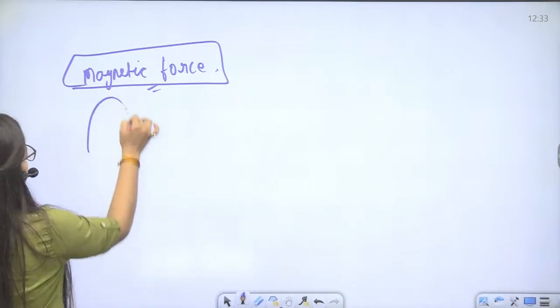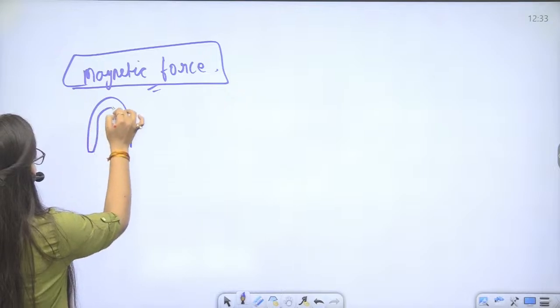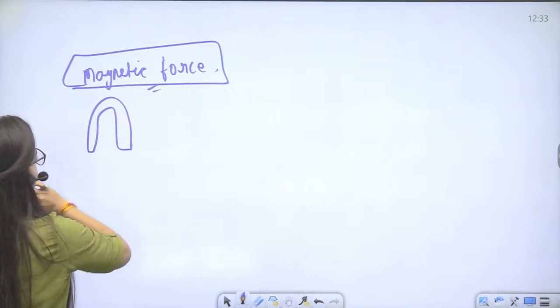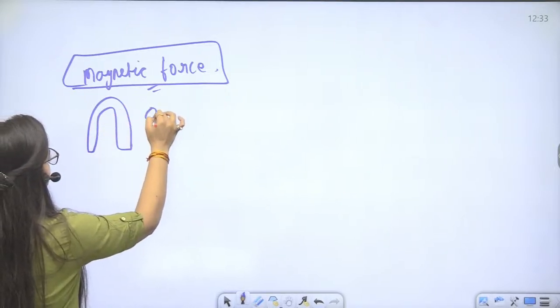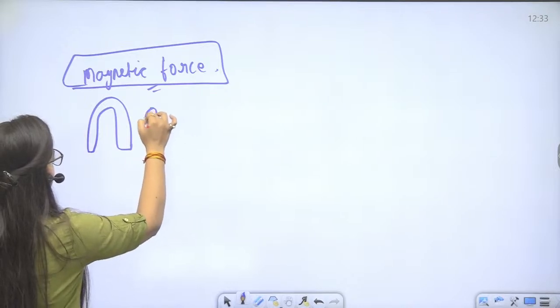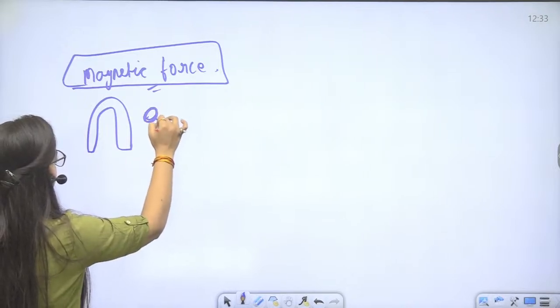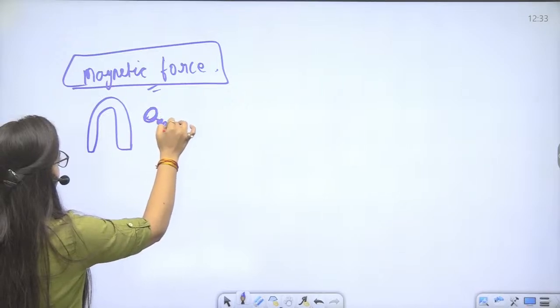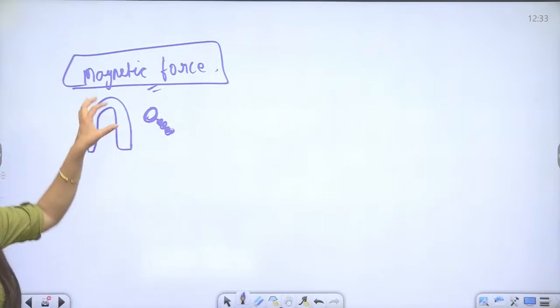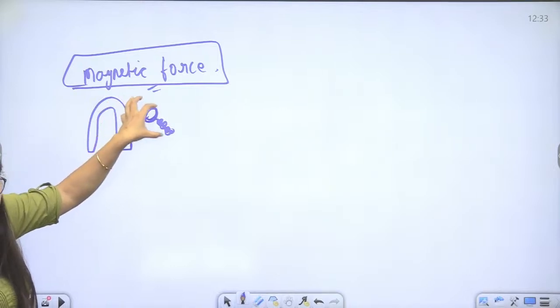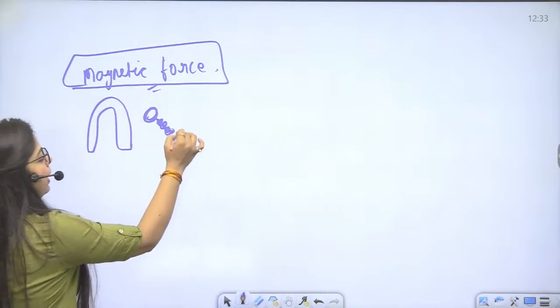See here, this is the magnet and this is the iron nail.